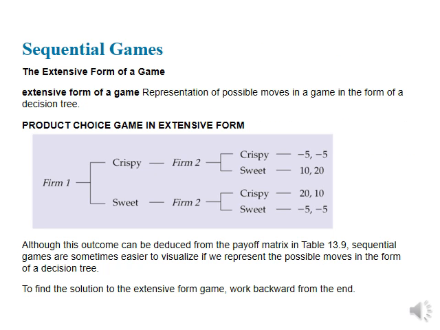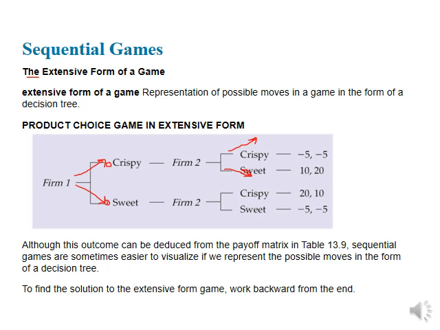We can depict such a sequential game with what's known as a game tree, otherwise known as the extensive form of the game. So again, we have firm 1 as the first mover. Firm 1 can either choose to make a crispy cereal or a sweet cereal. We call each of these points nodes, and from these nodes, we can see firm 2's choices, where they can either choose to make a crispy cereal or a sweet cereal.